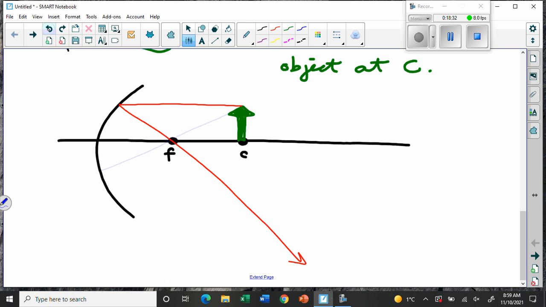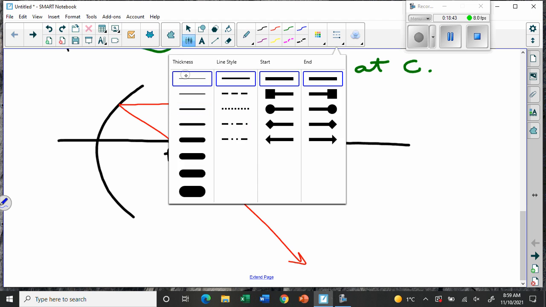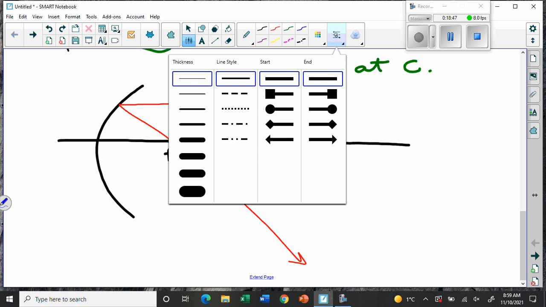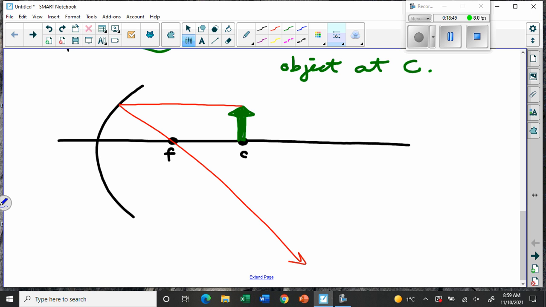We want to make sure that this works. Pretty close. Again, I'm off. Let me try one more time with a smaller line. It's tricky to get it right when you're not using rulers and measuring. So like that. Whoops, now I missed the focus. So what I'll do is I'll just fix that by making the focus a little bigger.